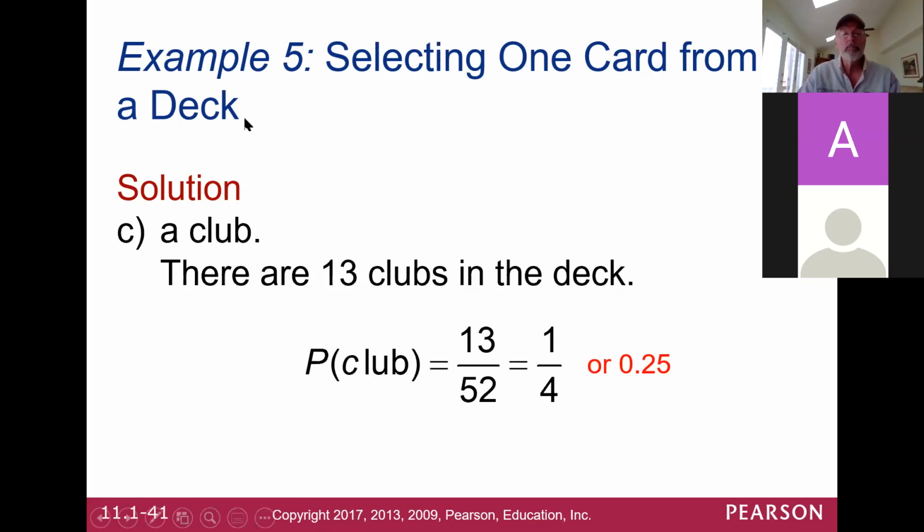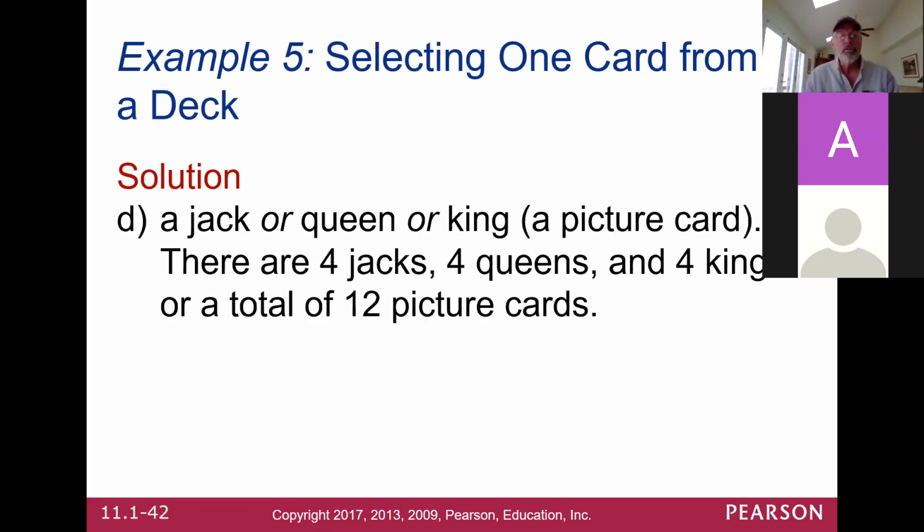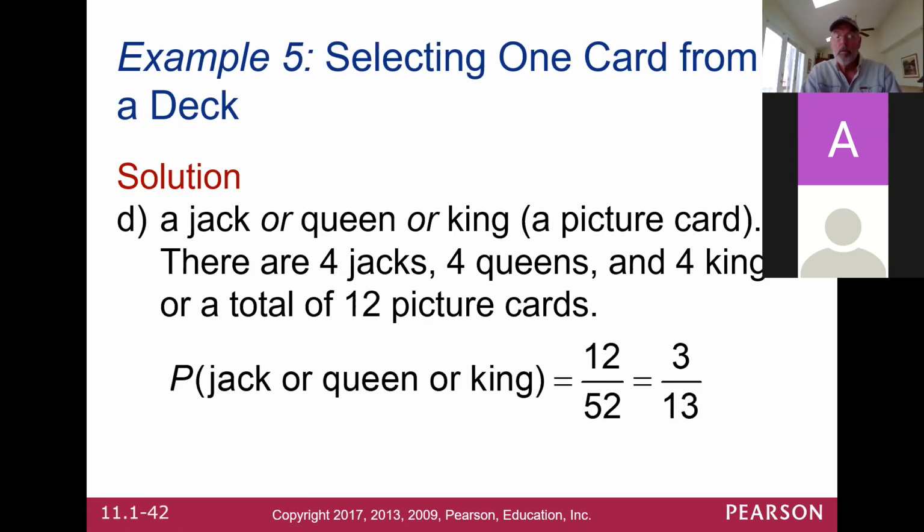A jack or a queen or a king is 12 picture cards, and that's 12 over 52, which will be 0.231.